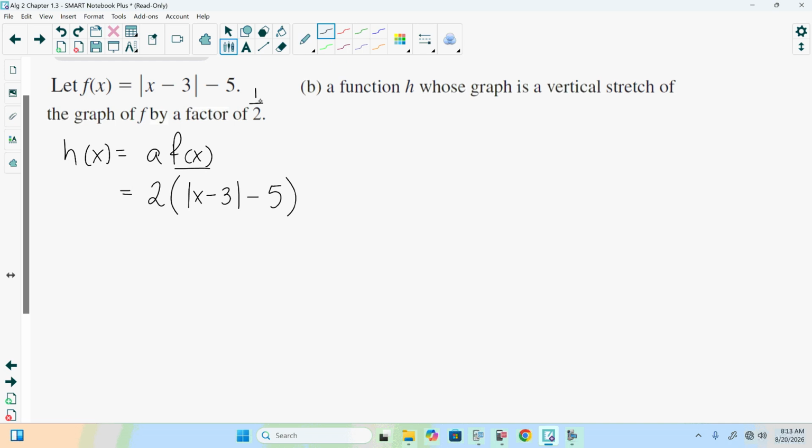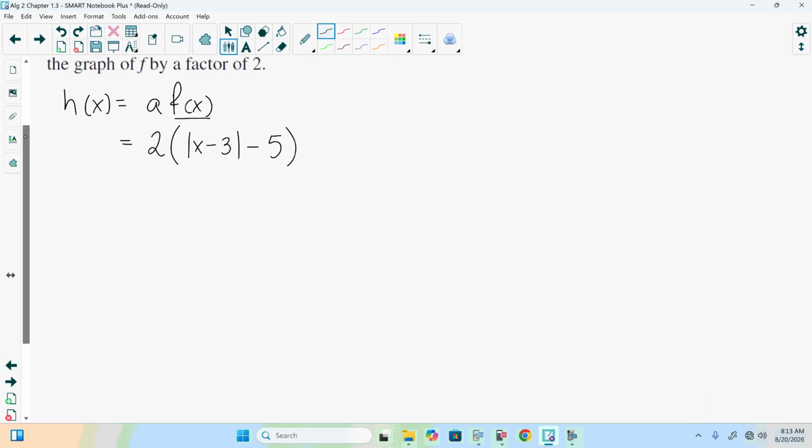So this is nice with stretch and shrink. There's not a different general form for the stretch or shrink vertically. It's a times f of x. Whatever a is, the amount of stretch or shrink. If it's a shrink, we use a times f of x. If it's a vertical stretch, we use a times f of x. It's the same form for both. Any other questions?